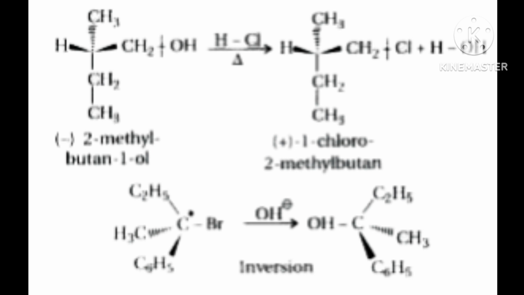Then if A is the only compound obtained, the process is called retention of configuration. If you are getting only one compound, A, the process is called retention of configuration.